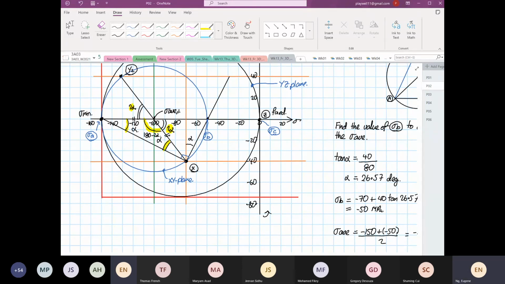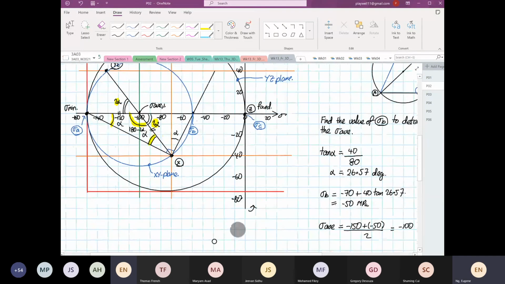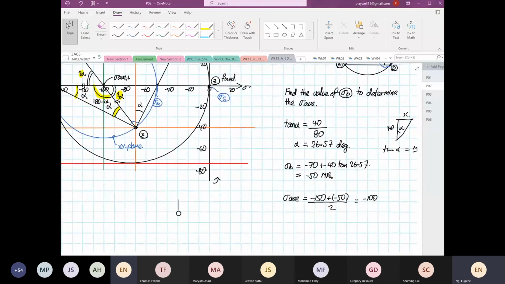So we also know the radius of the circle, right? So the radius of the circle is 50, right? So tau max for the XY plane is also equal to what?